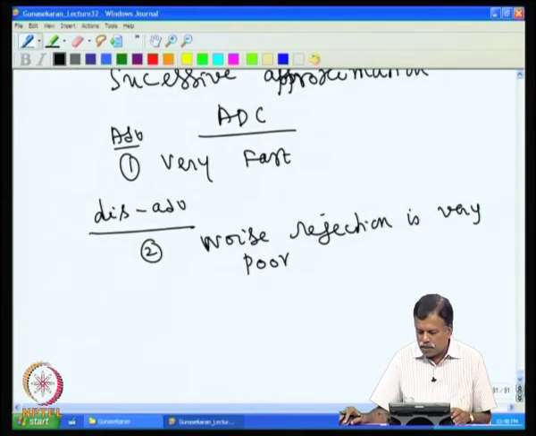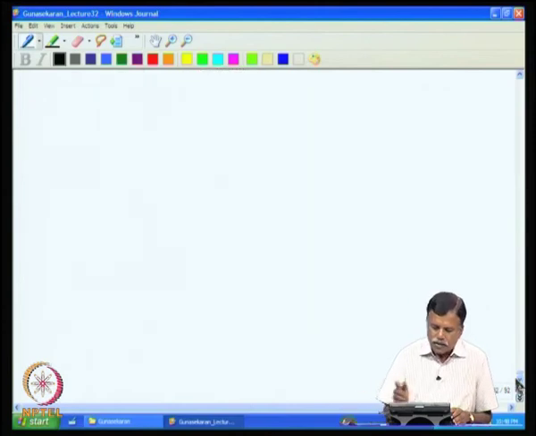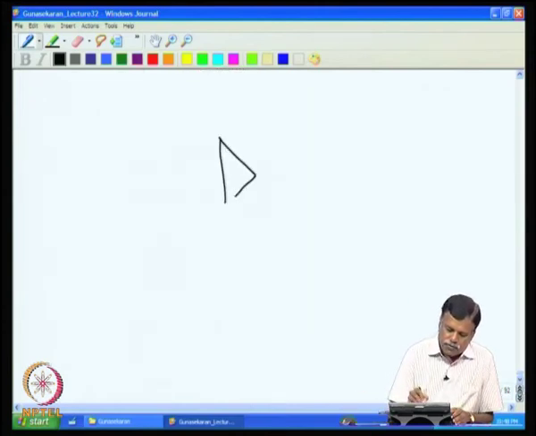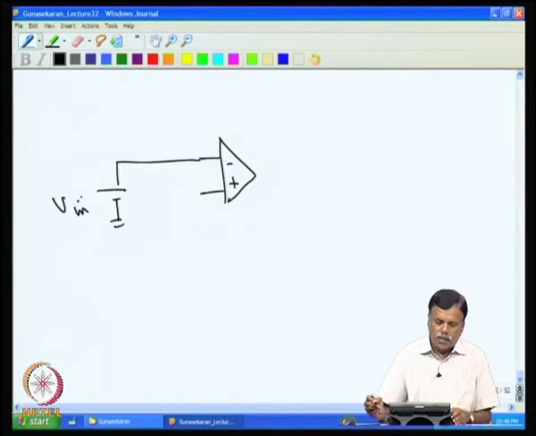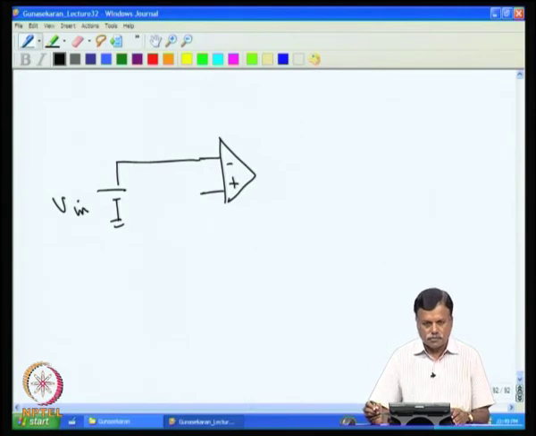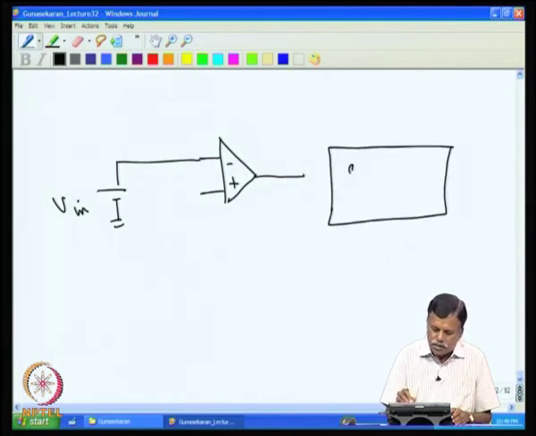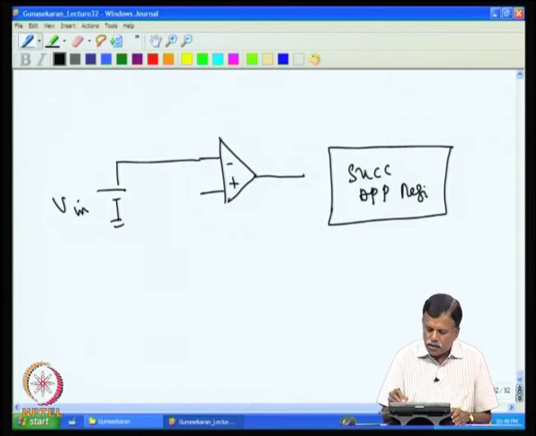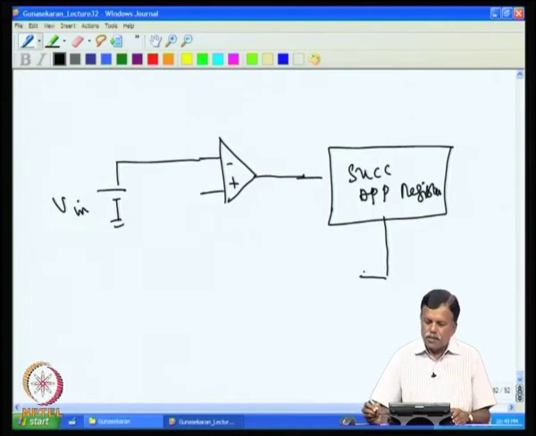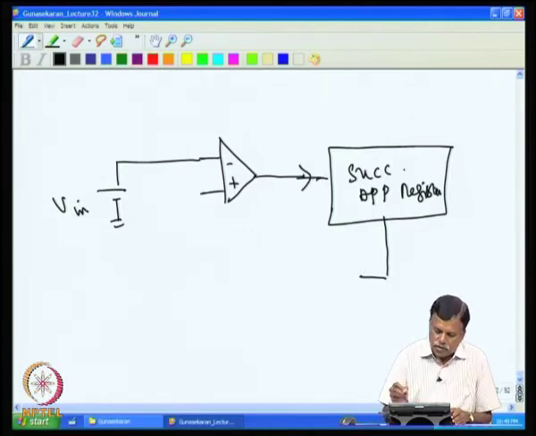Now, in this converter we have a comparator. One input of this comparator is allotted to the input signal which is to be measured, V input is connected here. The output is connected to what is called the successive approximation register, which does many functions that we will discuss now.